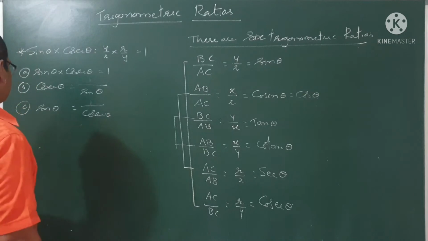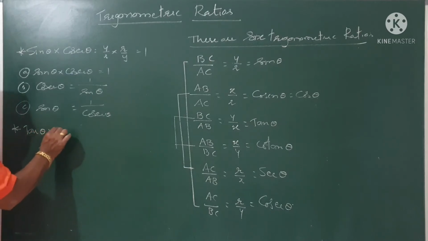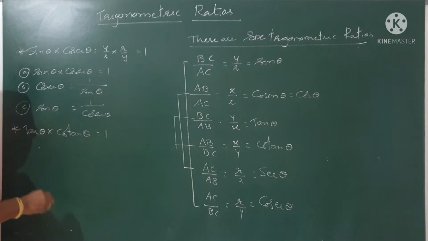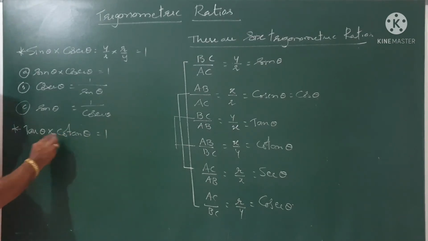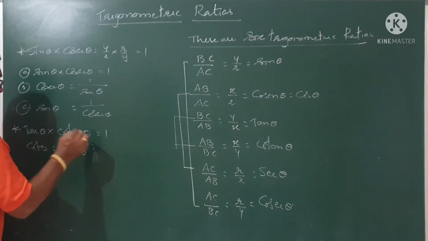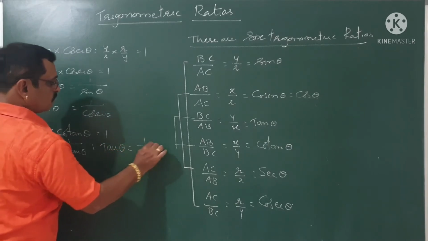Okay, let me write it now. So this is the second one. Tan theta times cotan theta is equal to 1. Therefore, I can write cot theta is equal to 1 over tan theta, or tan theta is equal to 1 over cot theta.